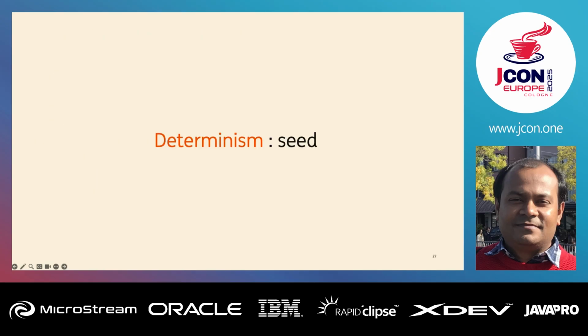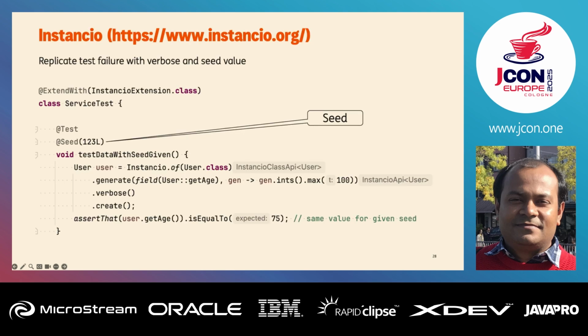And there was a question initially when I was preparing this, I received: how do you make sure that flakiness is not slowing down your CI/CD? And that is possible with a seed. Every time these generation engines create random data, it has a seed.